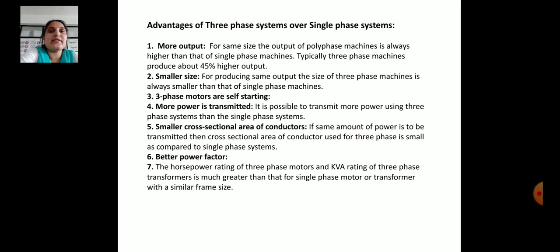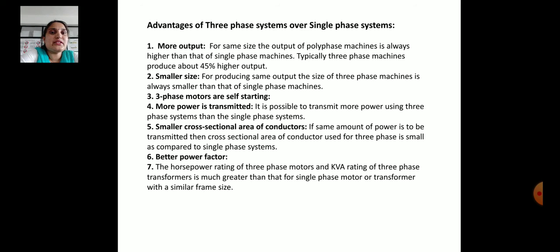Third, three phase motors are self starting. As the three phase supply is capable of producing a rotating magnetic field when applied to the stationary winding, three phase AC motors are self starting. Single phase motors need an additional starter winding.